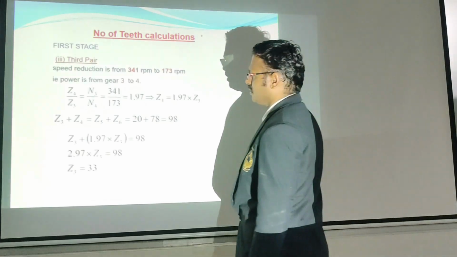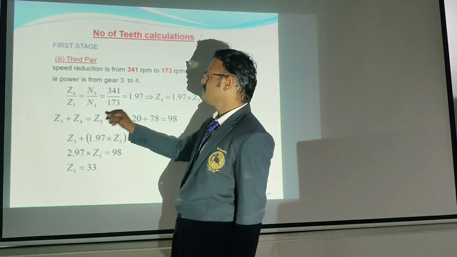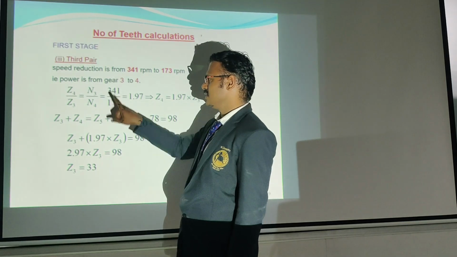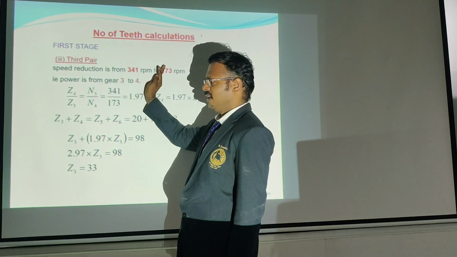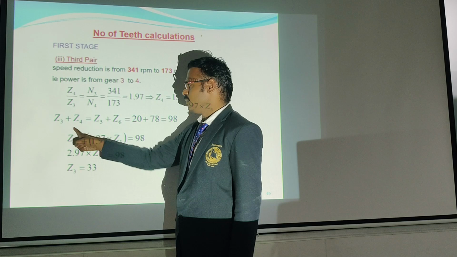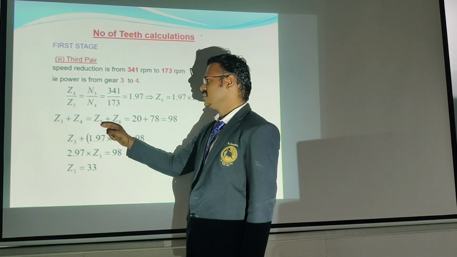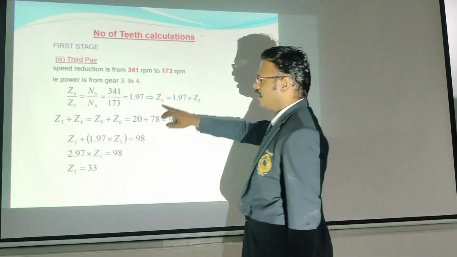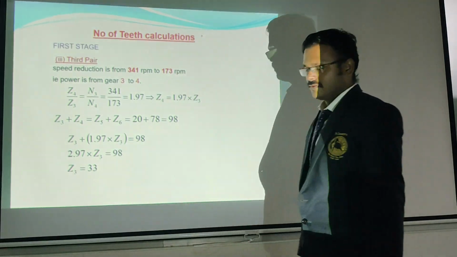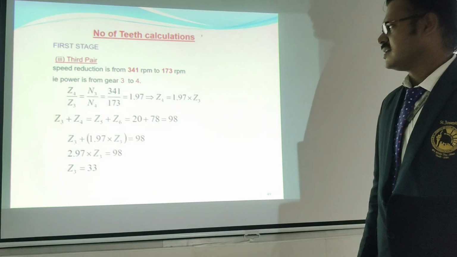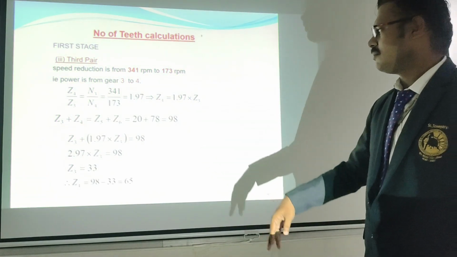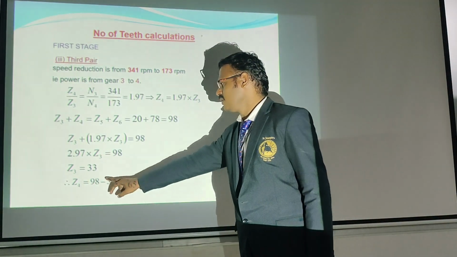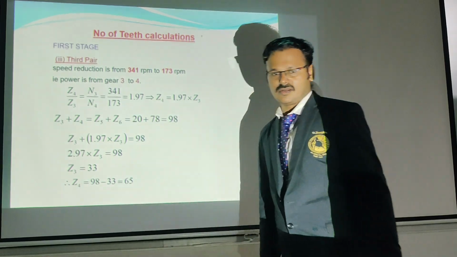Even Z1 plus Z2 you can't use, because Z1 value we don't know, Z2 value we don't know. So you have to use this equation only: Z3 plus Z4 equals Z5 plus Z6. If you substitute all the values, you can find Z3. By substituting the Z3 value in this equation, we can find Z4 also.